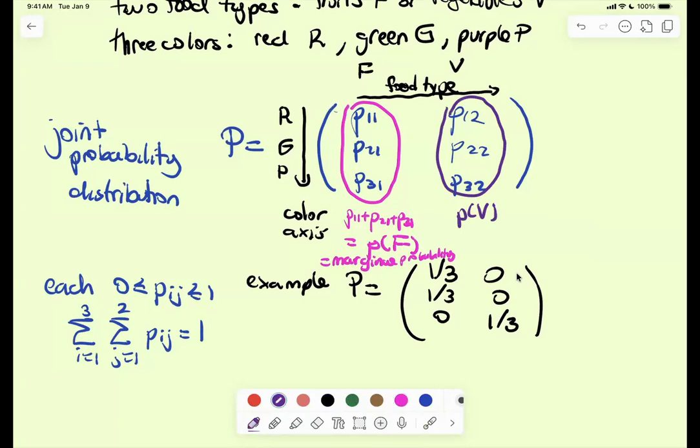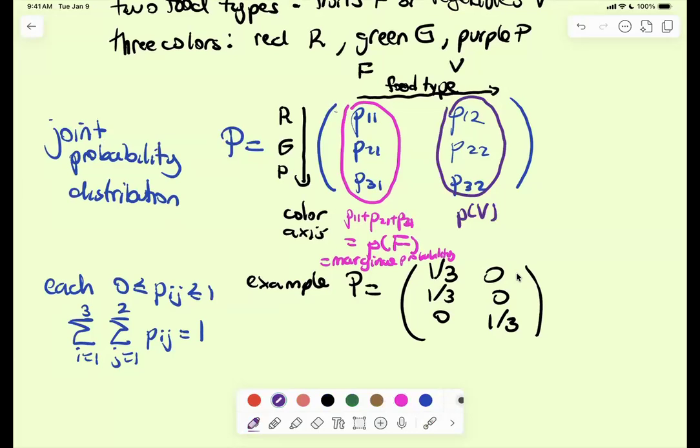Would it be interesting if you had it across, like, in particular diagonals? Well, if you do that, you're combining the features. You think about it as a color axis and a food type axis.